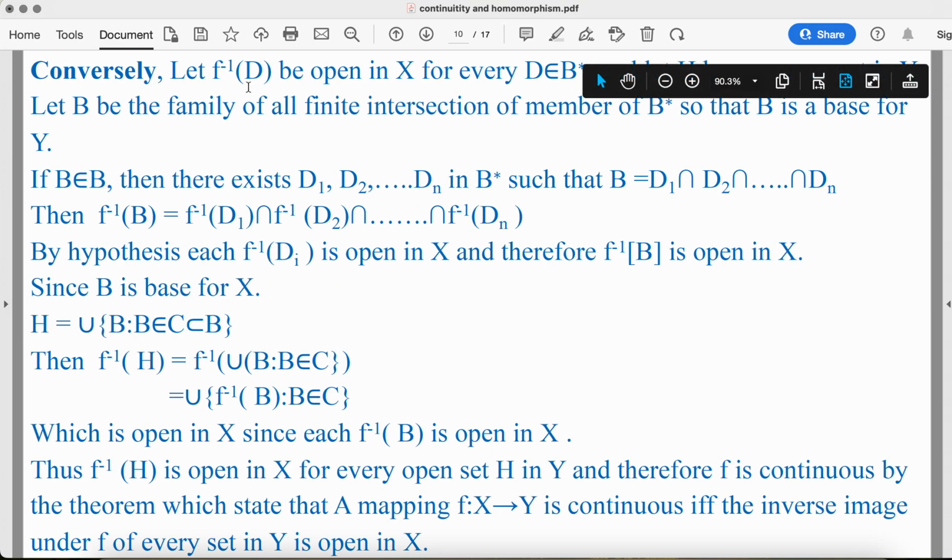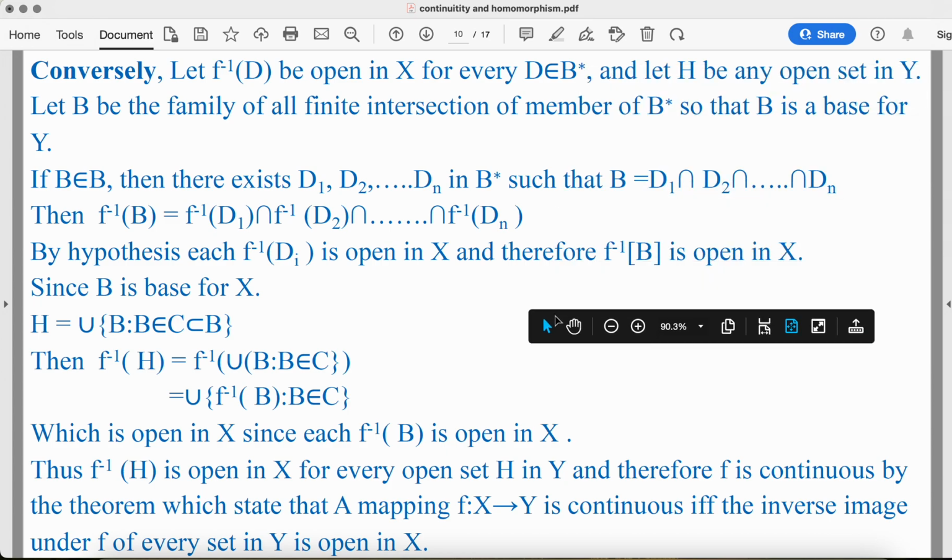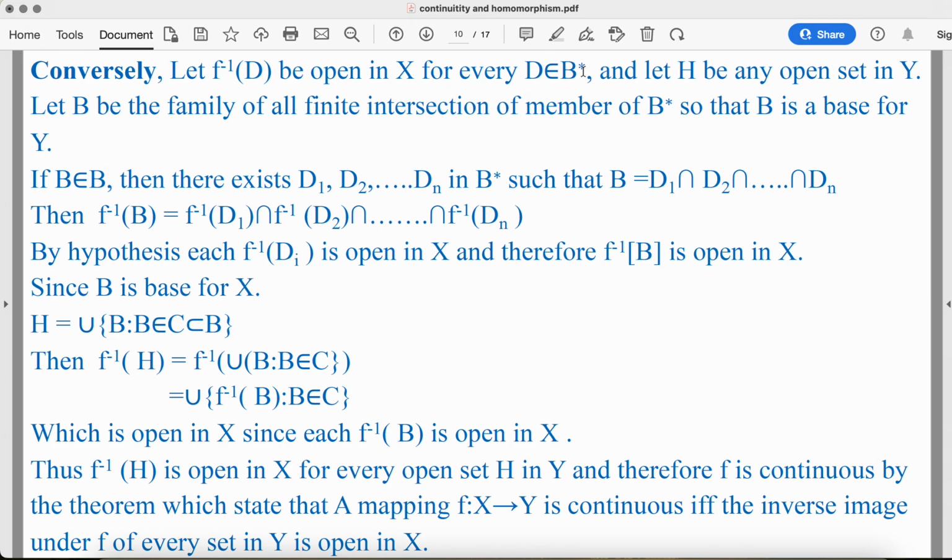Now the converse part. Suppose f inverse D is open in X for every D belonging to B star, and suppose H is any open set in Y. Let B be the family of all finite intersections of members of B star, so that B is a base for Y. If B belongs to B, then there exist D1, D2, ..., Dn in B star such that B is equal to D1 intersection D2 intersection ... Dn.